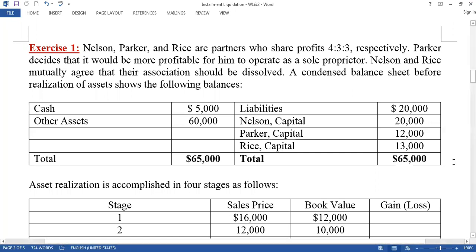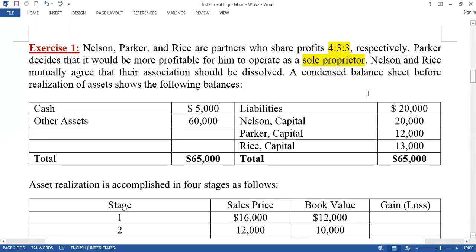So you see here, Nelson, Parker, and Rice are the partners who share their profit 4:3:3. Parker decided that it would not be more profitable for him to continue, and he wants to do business separately.